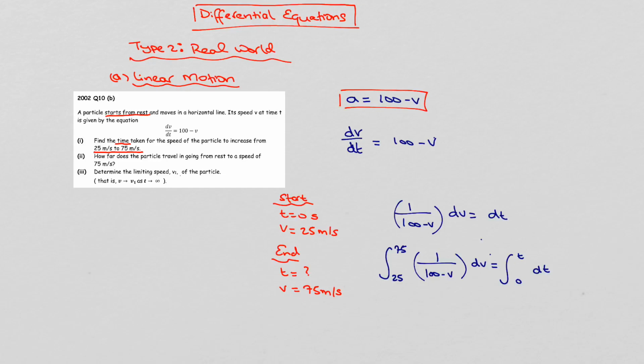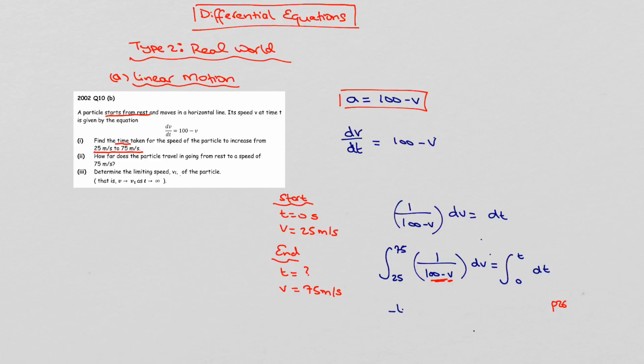So if I integrate 1 over 100 minus v, we have to spot that that's our log rule. And of course, we have to go to page 26 in our maths tables to spot that. We have to be careful that it's the natural log of the denominator, which is linear, 100 minus v, but we also have to divide by the derivative of the denominator, which is of course minus 1.